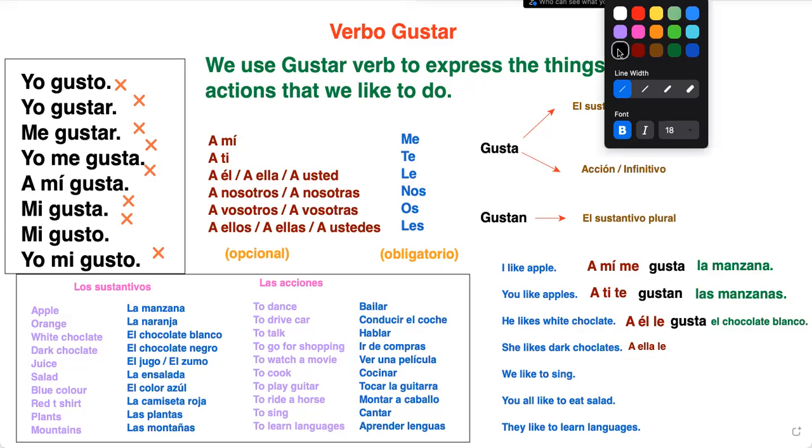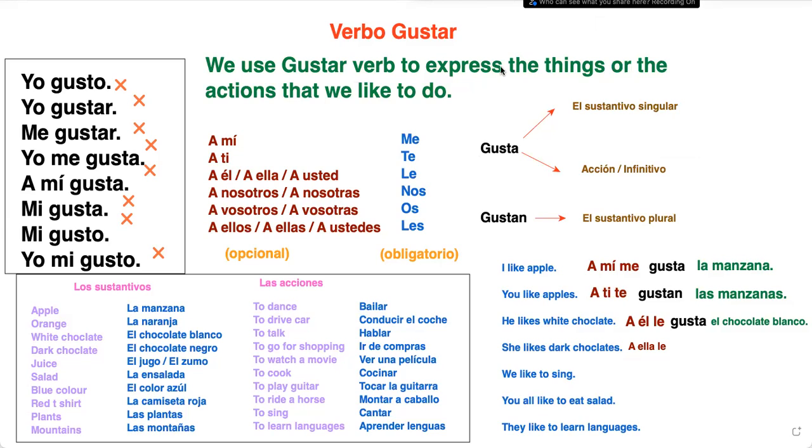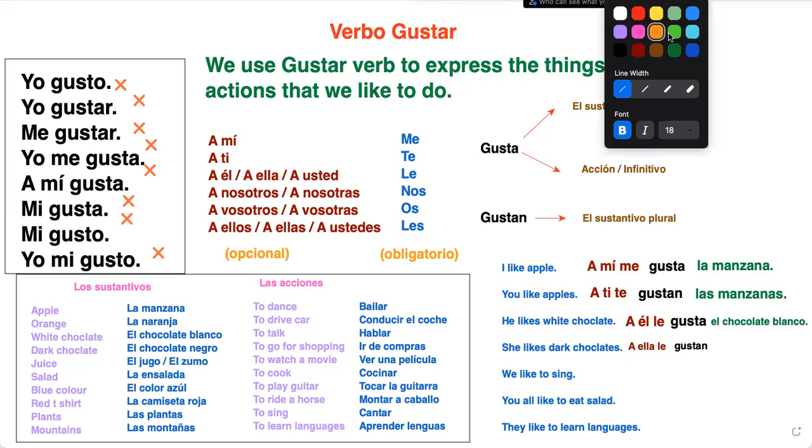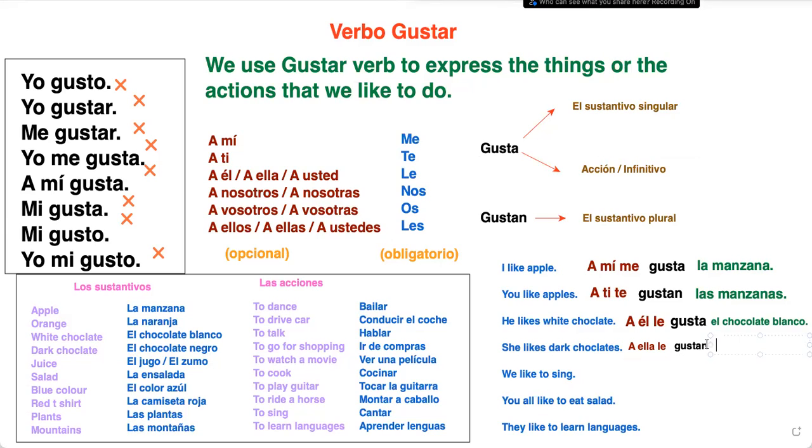So I'll use gusta or gustan? El sustantivo plural, gustan. So how would we have the vocabulary here. Dark chocolate. El chocolate negro. I will convert it into plural. El changes to los chocolates negros. Dark chocolates.